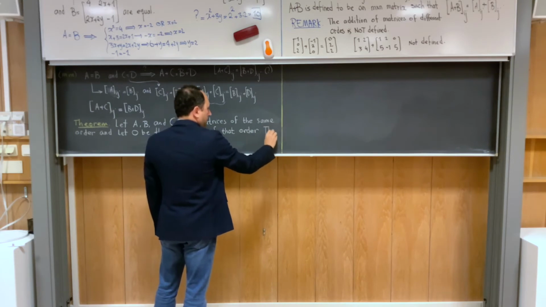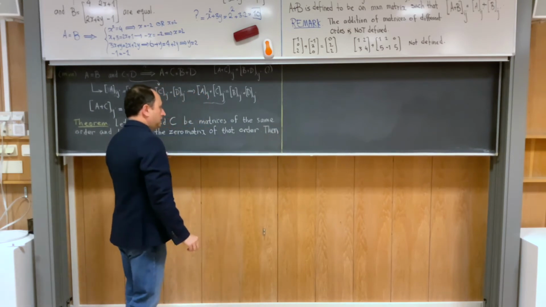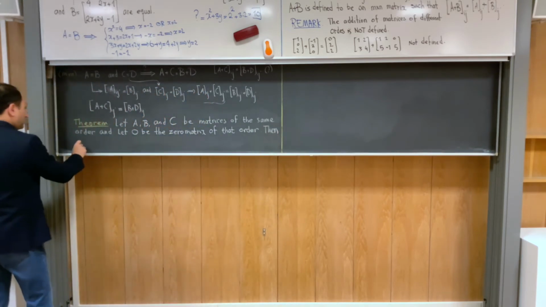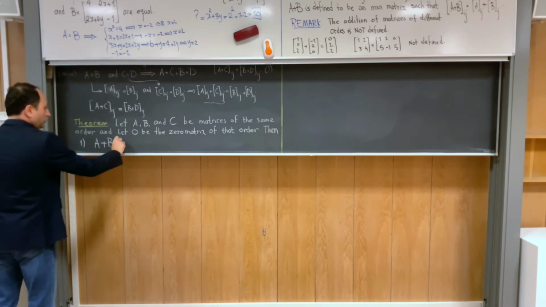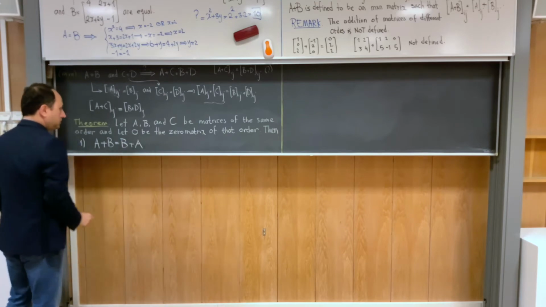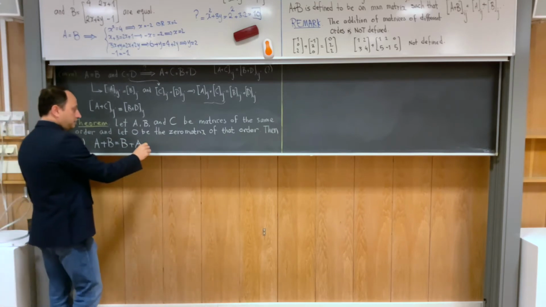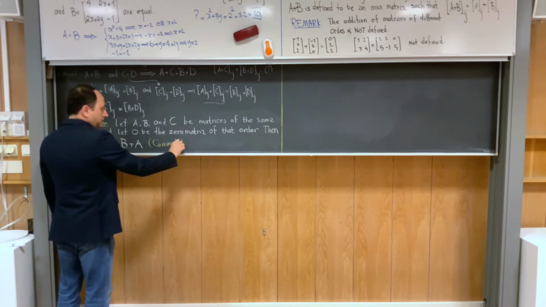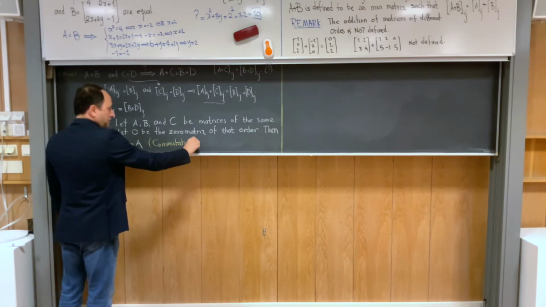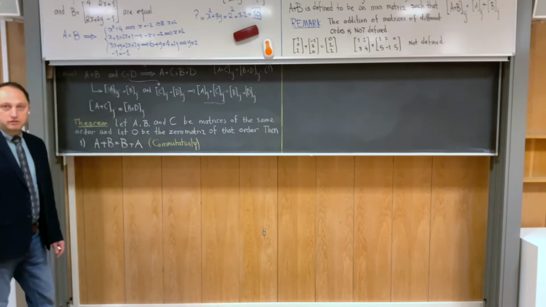Then, number one, it doesn't matter if I add A to B or B to A. This is called commutativity. So the order of addition is irrelevant.